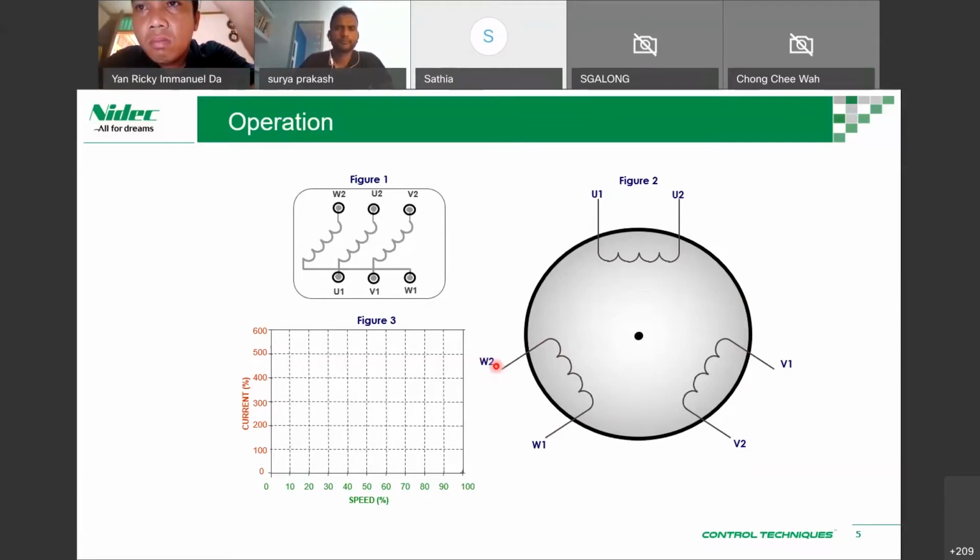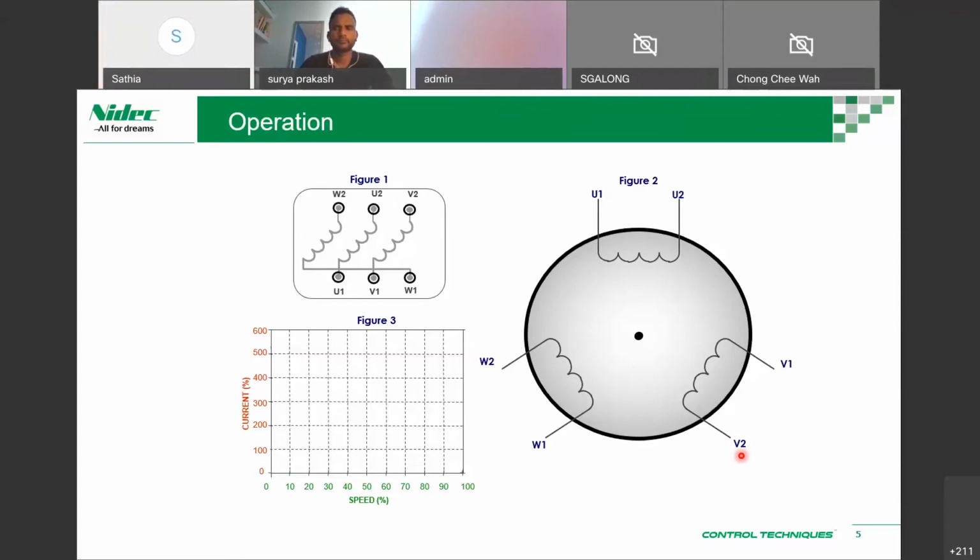So the W2, U2 and V2 are connected together to make up a star winding, or it is connected as a delta winding within the drive. So we do not have a star delta selection. It's fixed. It's either a star motor or a delta motor. That's it. We don't get to choose which one we want to use.